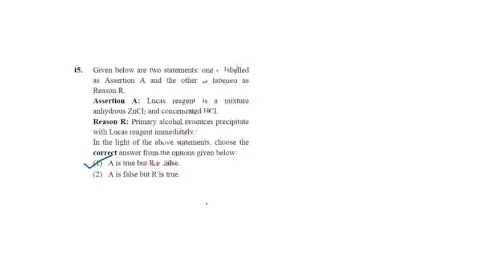Here we have an easy question, but some students may confuse between primary and tertiary alcohols. Primary alcohol does not give the turbidity immediately, it takes almost 30 minutes, whereas tertiary alcohol gives turbidity immediately, right? With this, we completed the multiple choice questions.